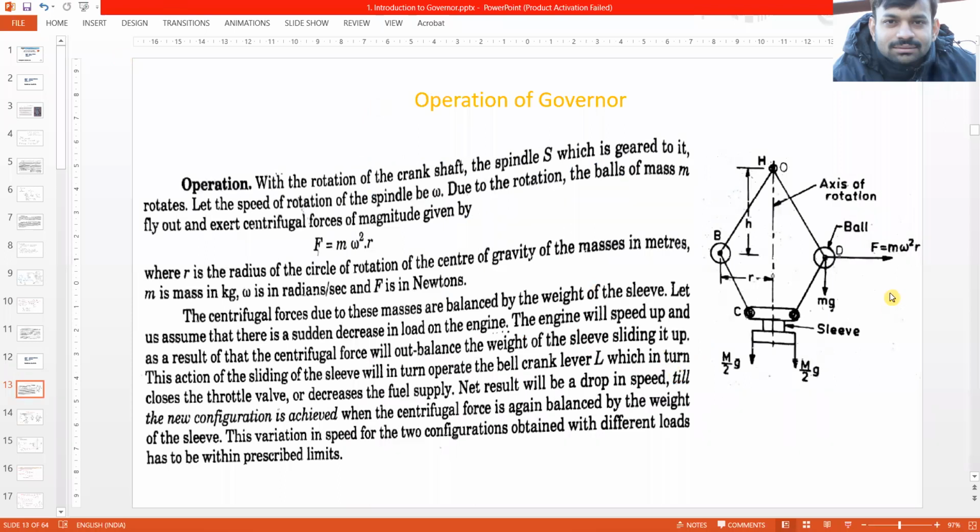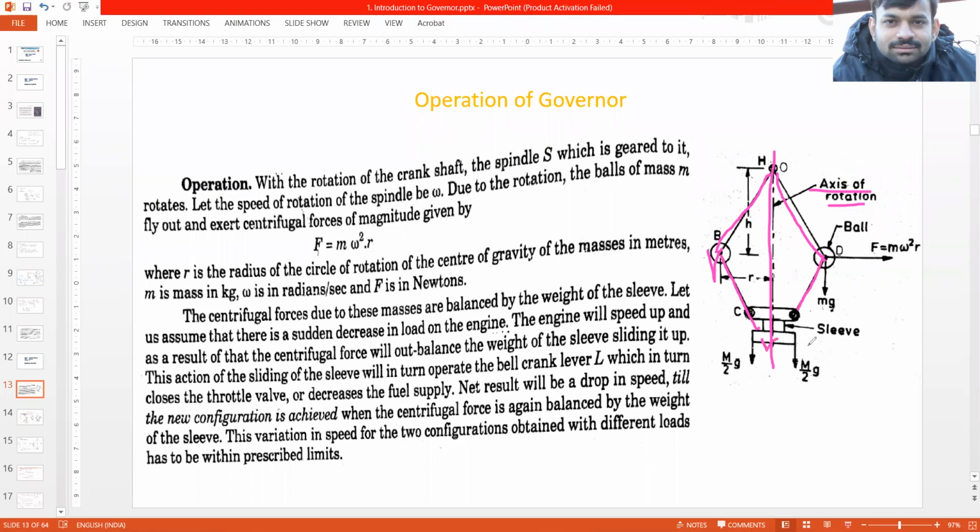Okay, so as you can see, this diagram is basically a line diagram of a governor, and this is the axis of rotation, which goes to the spindle, right? Then these are the upper arms. We already know all this, right? These are the balls. Then these are the lower arms, and the lower arms are attached to the sleeve.